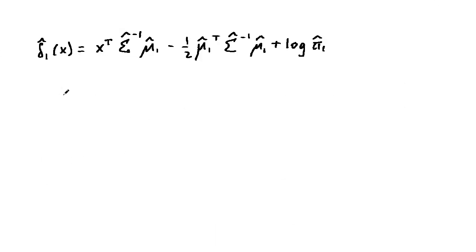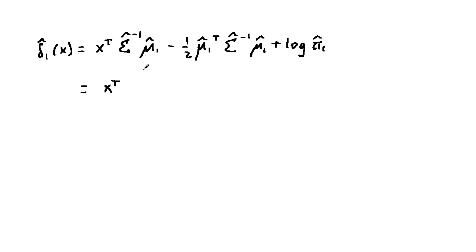Now delta 1 hat of x is given by this formula here. So that's equal to x transpose times this.